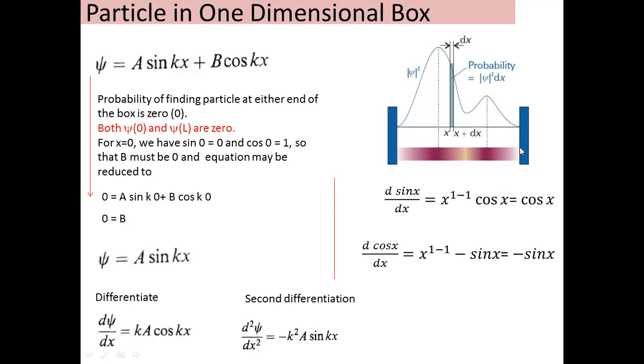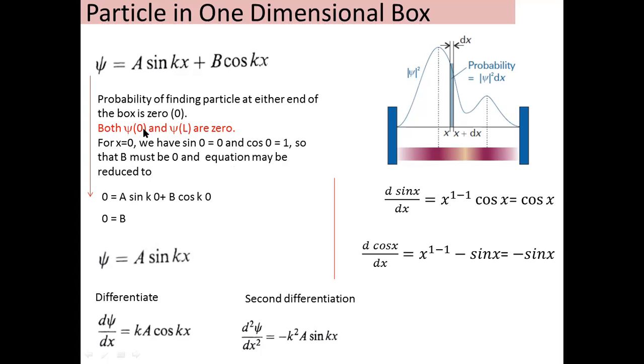So the probability of finding the particle at either end of the box will be equal to zero. So both psi 0 and psi L are 0. Psi 0 means when x is 0, and psi L means when x equals L, as we explained in the previous slide, the dimension of the particle in a one dimension box.